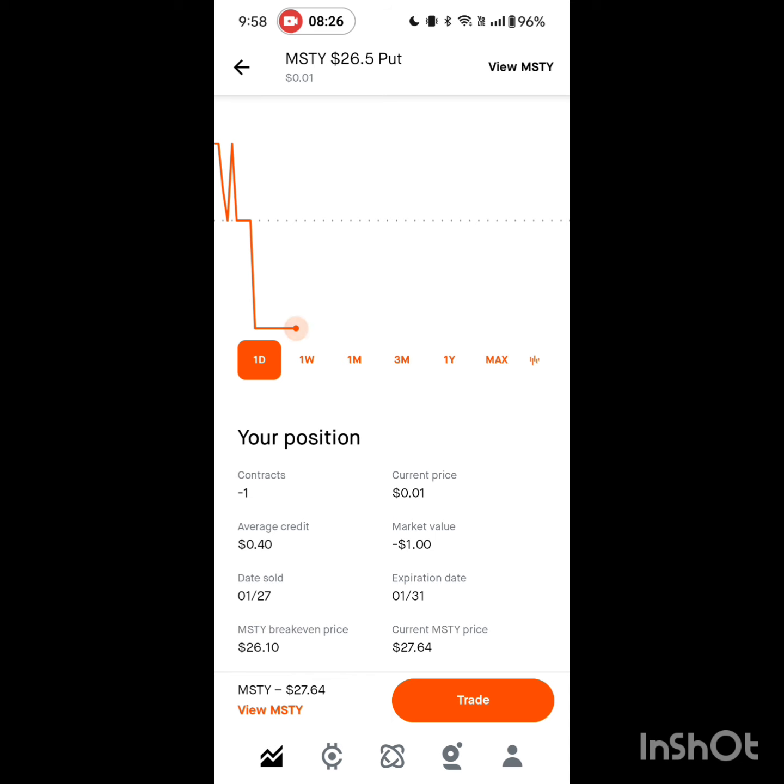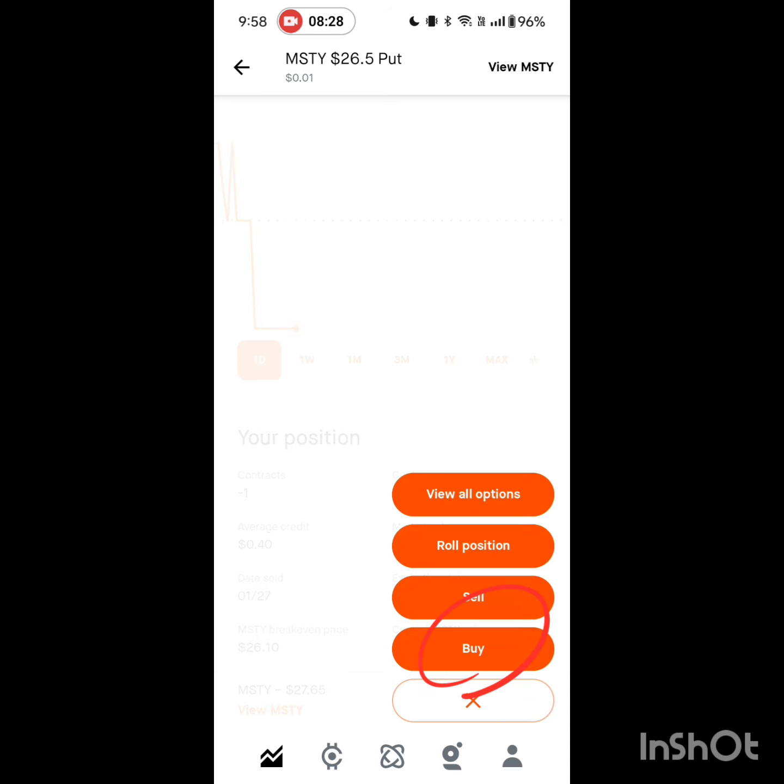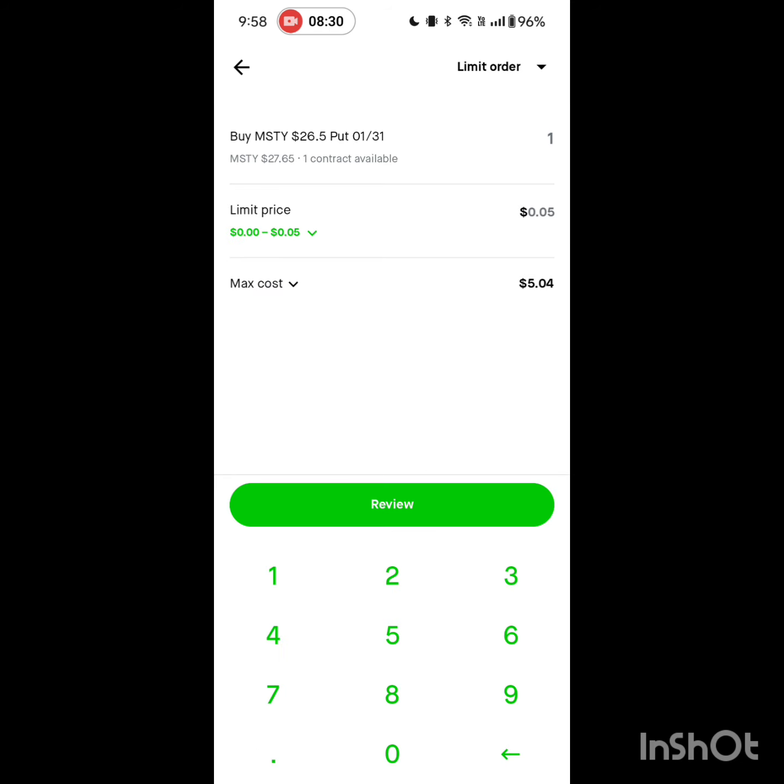The other option I have is I can buy the contract right off. Right now their asking price to buy the contract is $5. I can play with this again. I can just do, I don't want to pay $5, I want to pay only $3. Okay, who knows, maybe I'll just pay $2. You can play with that as long as you are in between the limit price.